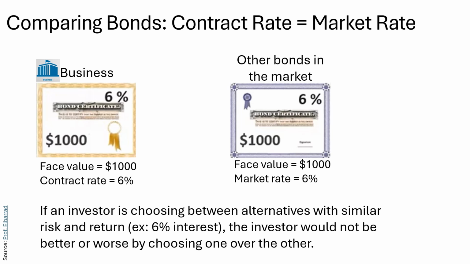So this example is showing a business's bond. It's a $1,000 bond, face value is $1,000, and the interest rate that goes along with that bond is 6%. That is called the contract rate. That is what is in the bond's contract, that it will pay 6% interest, period.